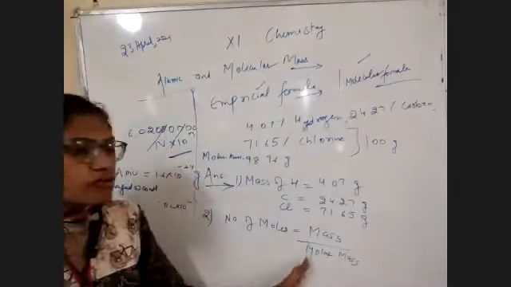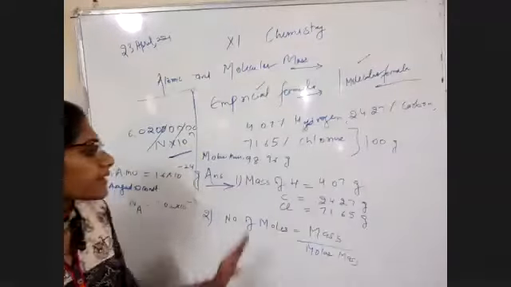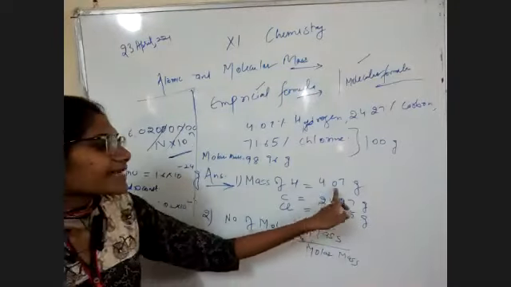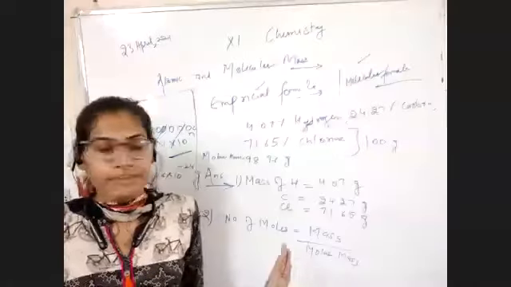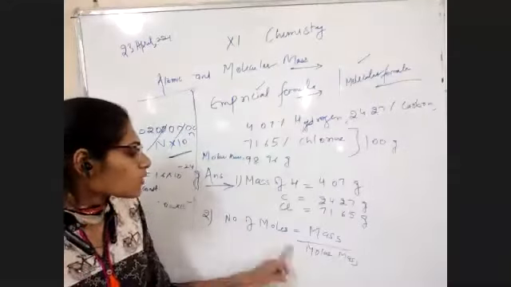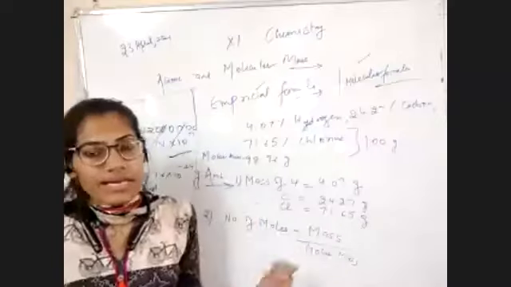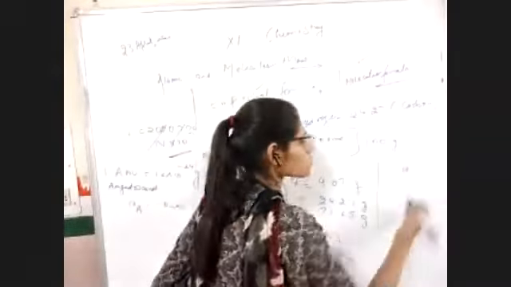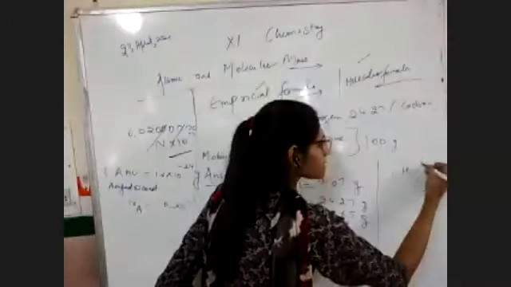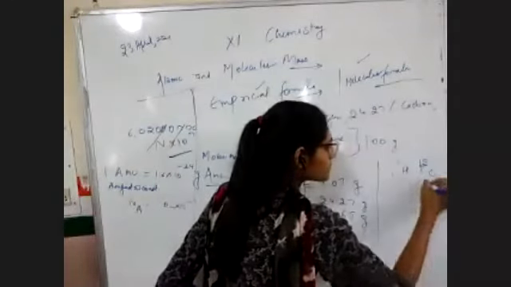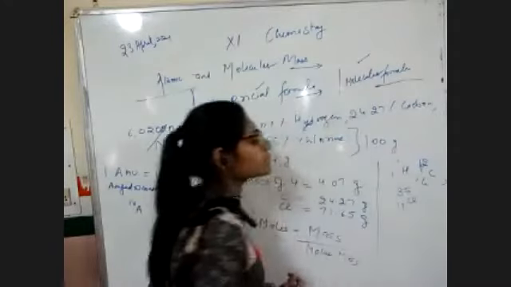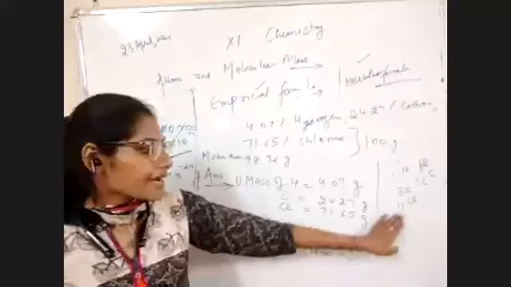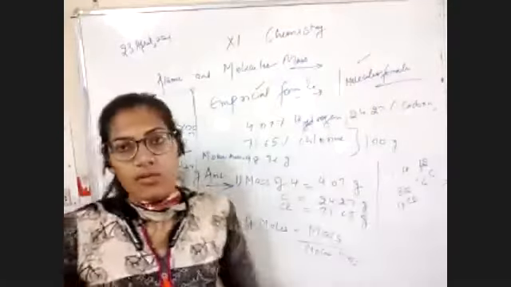Now, what do you mean by mass over molar mass? See, for hydrogen, the given mass is 4.07 gram, which is given to you in the numerical. The molar mass of hydrogen is 1. In the last section, we discussed that hydrogen has 1, carbon has 12, and chlorine has 35. 17 is the atomic number and 35 the atomic mass.